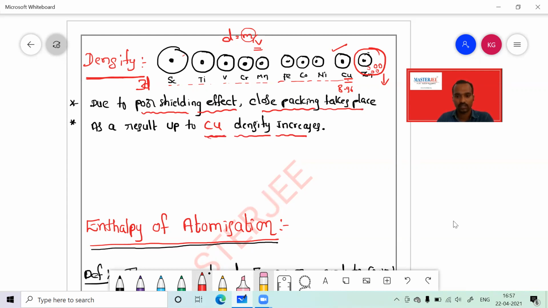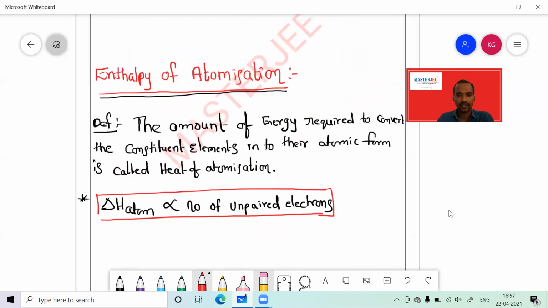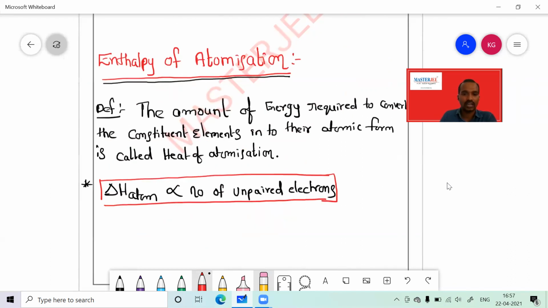Next, what I have discussed is enthalpy of atomization. So what is enthalpy of atomization? It is the amount of energy required to convert the constituent particles into their atomic forms. That is called heat of atomization.